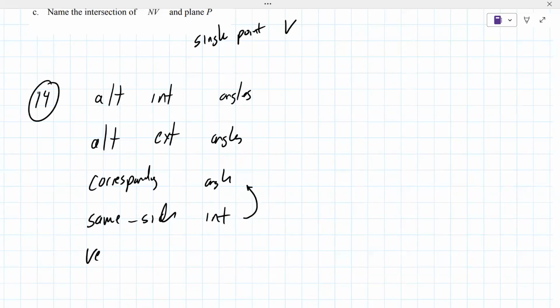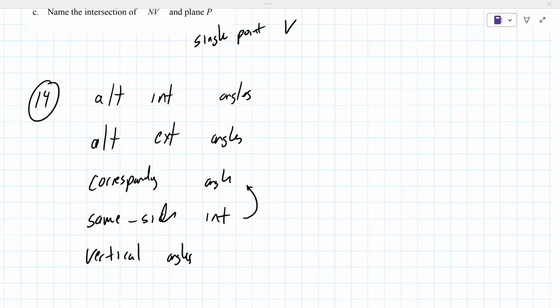There's vertical angles. They don't show up on page one. So my concern would be that you don't maybe have all of them. Do you know these? Do you want definitions for these? No, I know about them. Okay.